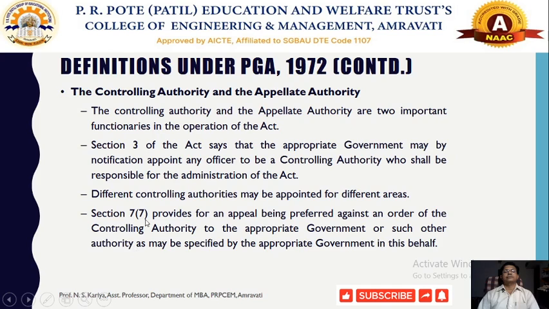So if the individual employee is not satisfied, the employee can appeal to the appellate authority against the decision of the controlling authority, as per the provision made by the appropriate government.